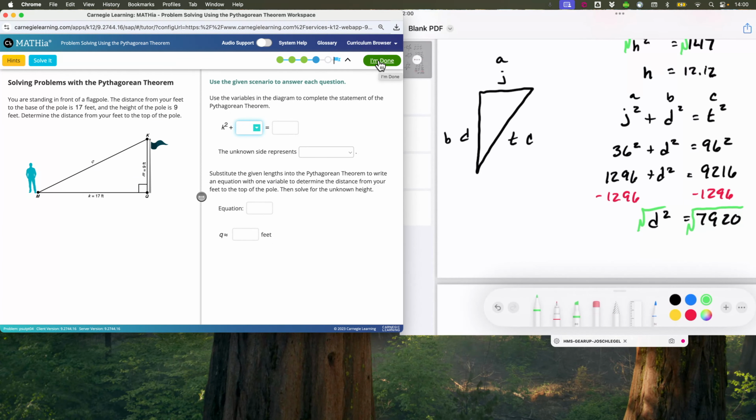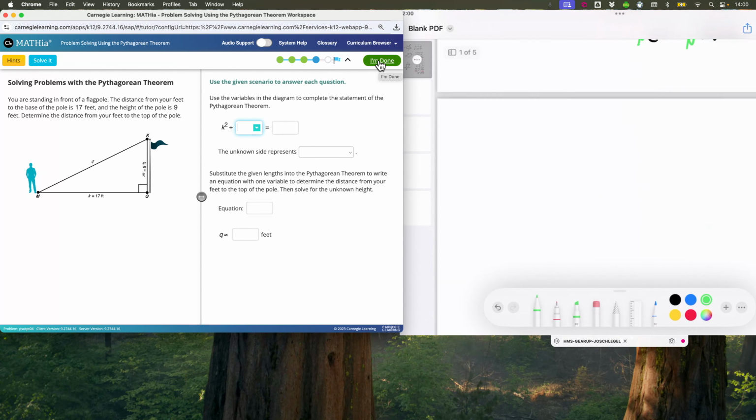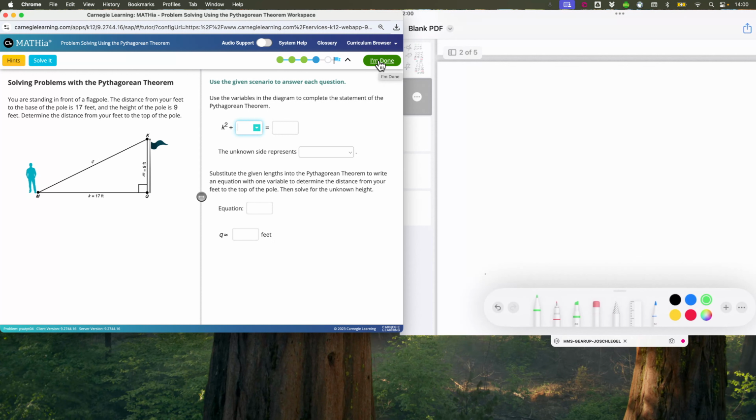Okay, looking at this next one, we are missing the hypotenuse, so we are going to be missing the c side. Let's sketch this triangle up real quick. We have Q, which is our c side, M and K. The formula they're starting us with is k squared plus something is equal to something.